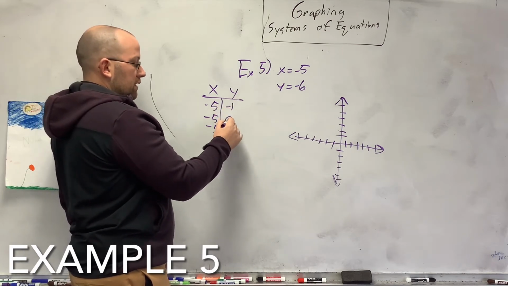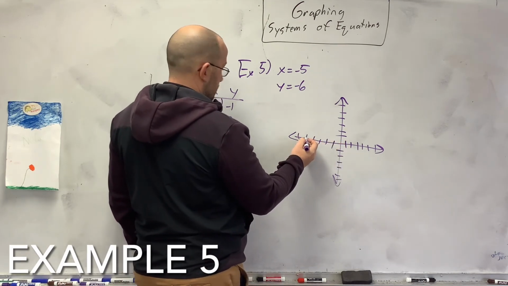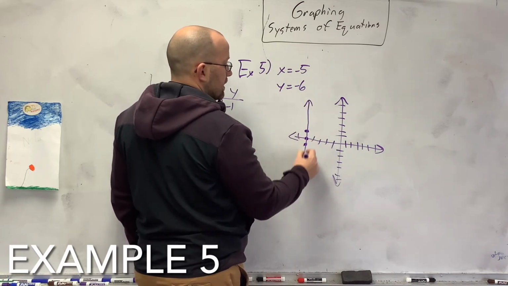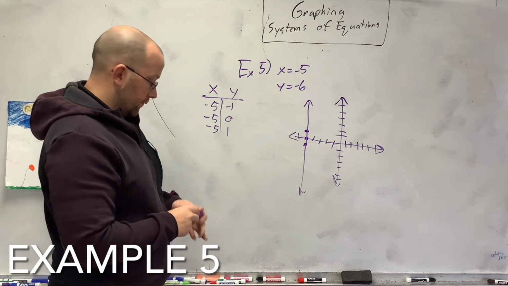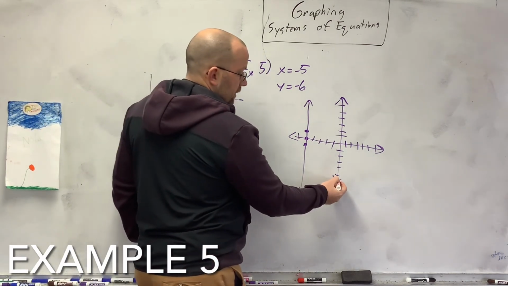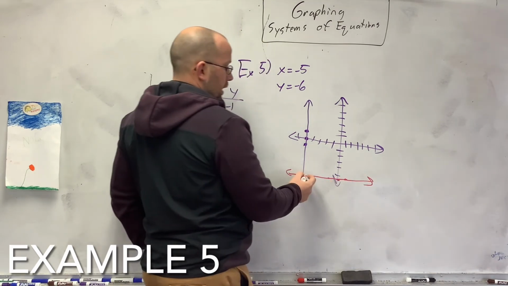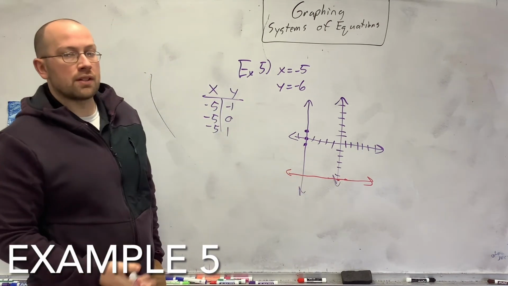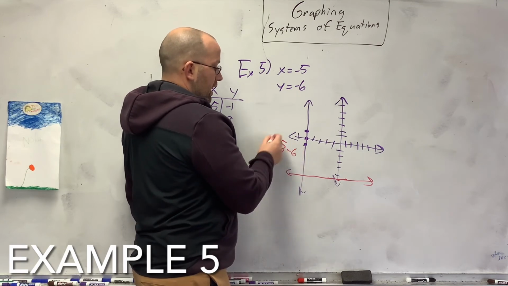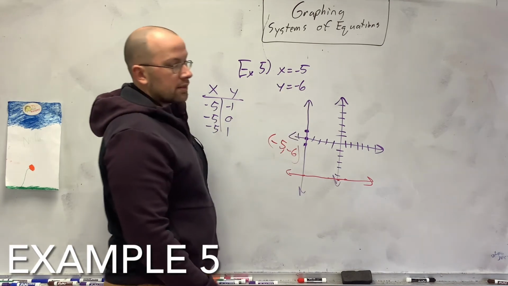You can do negative 1, 0, and 1. Whenever you have x equals something, it's always going to be vertical. All right, and then y equals negative 6. I come down here to negative 6. It's the same thing. I'm just going through it a little bit quicker. So your answer for this system of equations, this is graphing, is the point where they cross. So they cross at negative 5, negative 6, right there. That is the only thing that works for both of these.